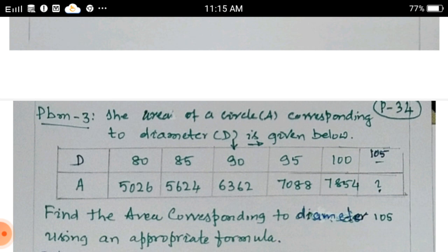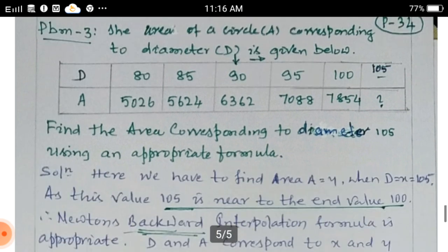The area of a circle, area capital A, corresponding to the diameter capital D, is given below. In the form of a table, D and A are given. Values of D: 80, 85, 90, 95, 100.